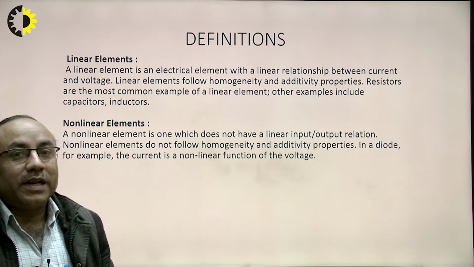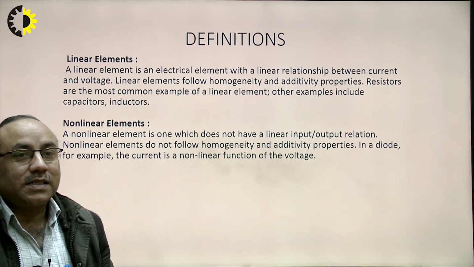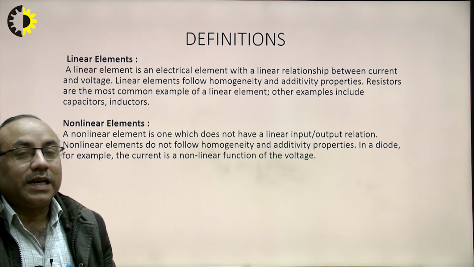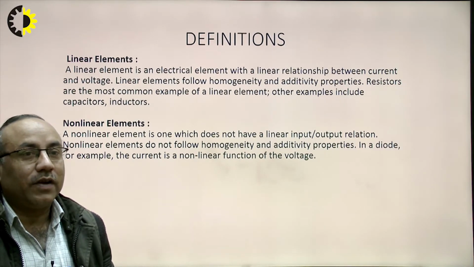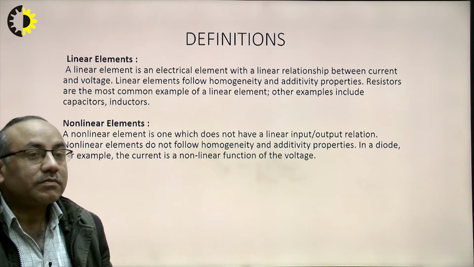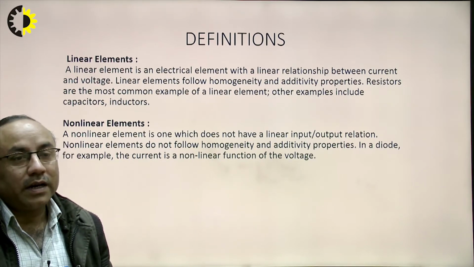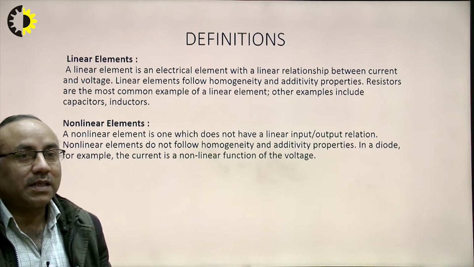The example for a linear element is resistance. Other than this, inductance and capacitance are also under the category of linear elements. On the other hand, we have nonlinear elements.